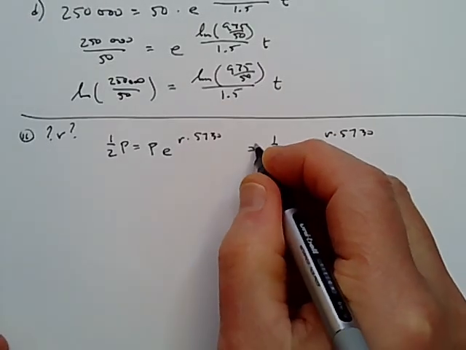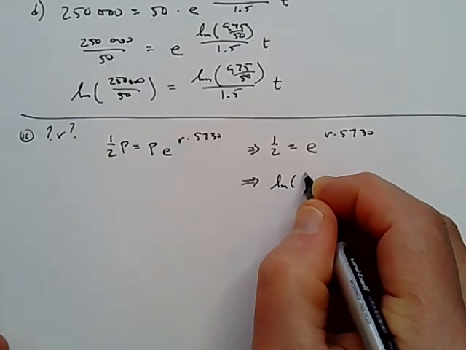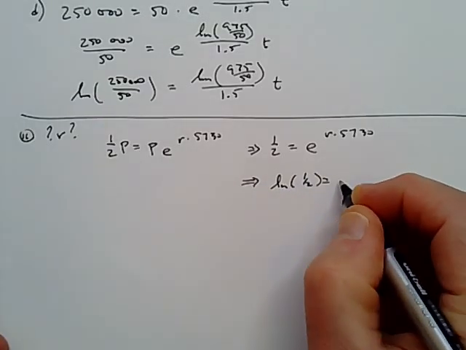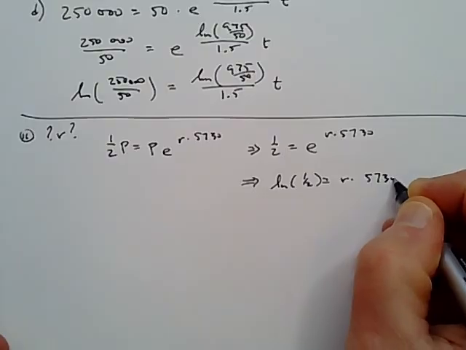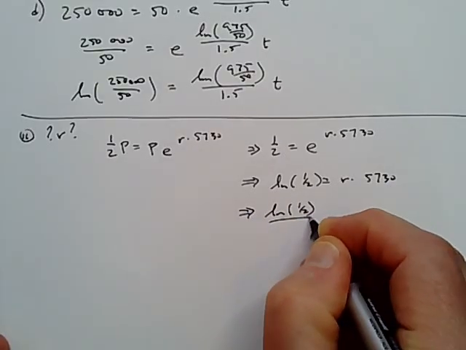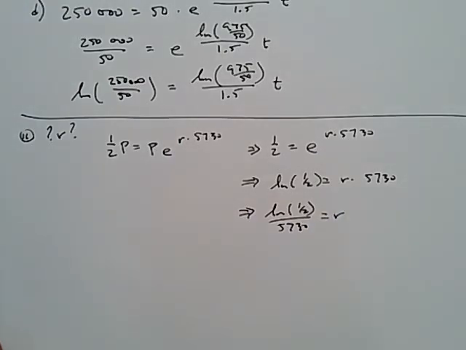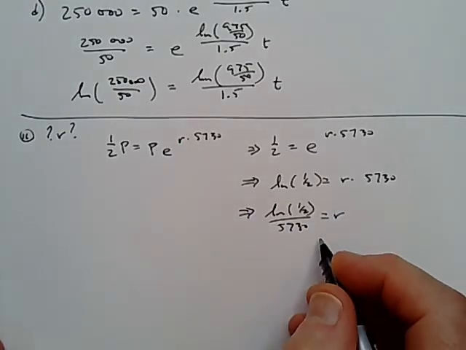Take the natural logarithm of both sides. You get ln of 1/2 equals R times 5730. And so ln of 1/2 over 5730 is R.